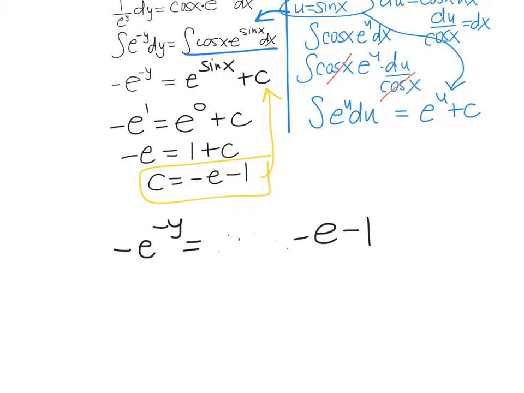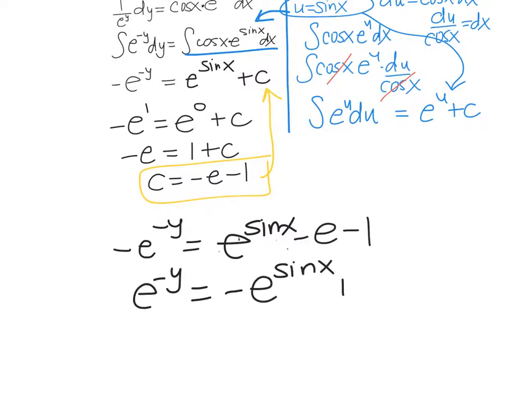Yeah, you can go ahead and divide everything by negative 1 just to get rid of that negative right there. So we have e to the negative y equals negative e to the sine x plus e plus 1.